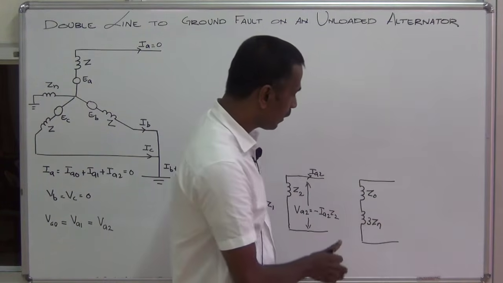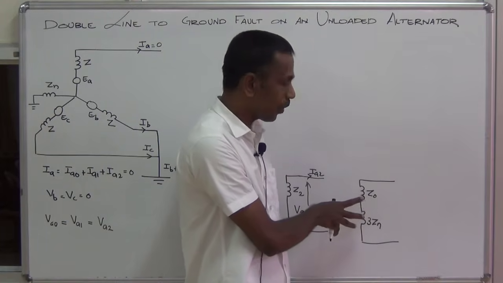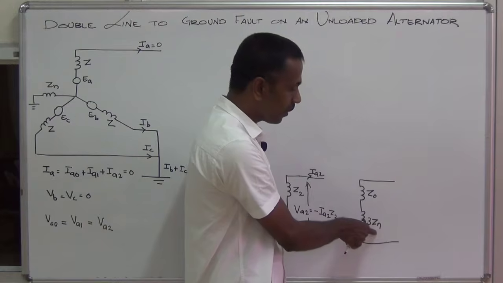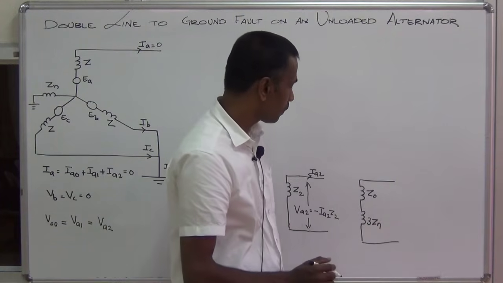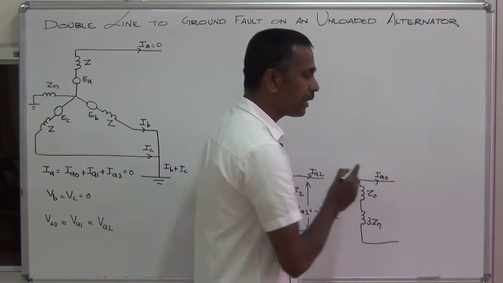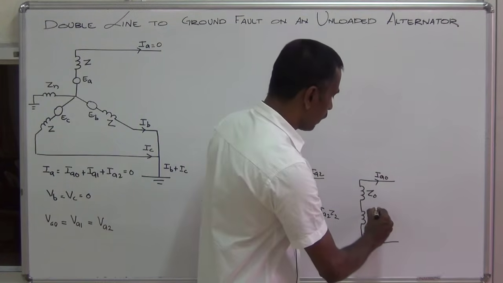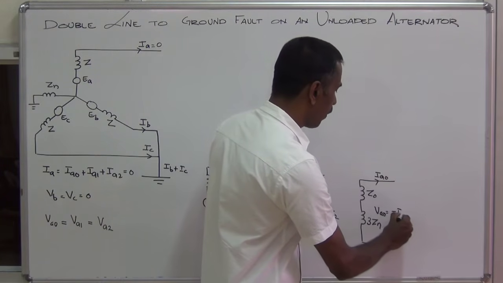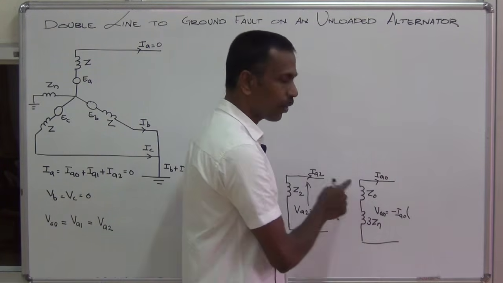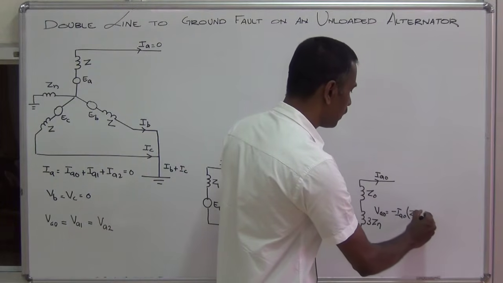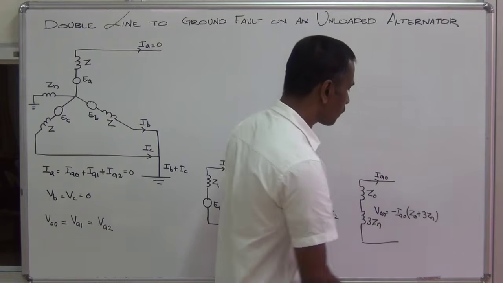So when you draw the zero sequence network, the zero sequence impedance is there, and 3 times the neutral grounding impedance is there. So the current is IA0. The voltage VA0 equals minus IA0 into the total impedance Z0 plus 3Zn.